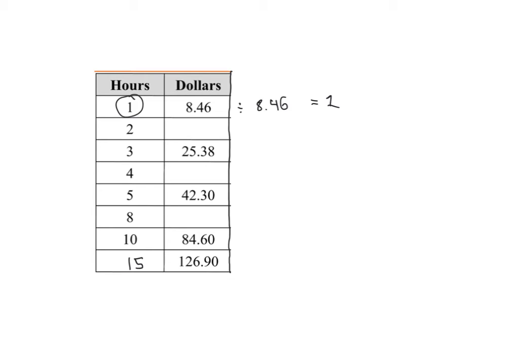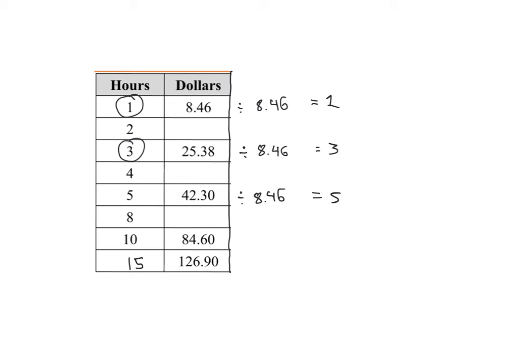If we took 25.38 and divided that by 8.46, we're going to come up with 3, which is that number of hours. 42.3 divided by 8.46, we're going to come up with 5. Again, the number of hours. And we could use this to find anything we needed.